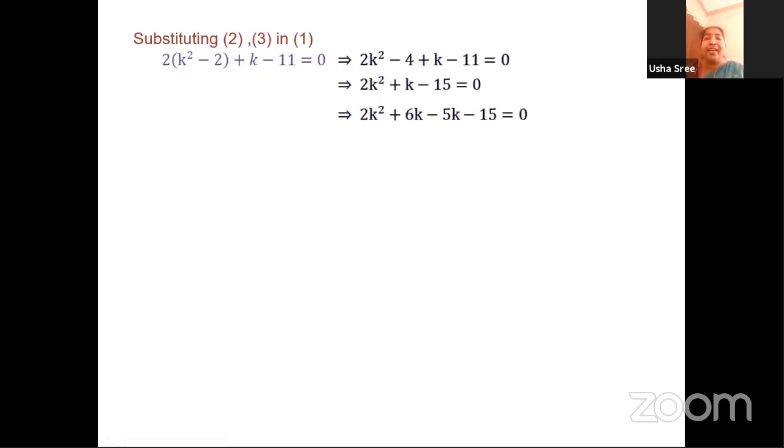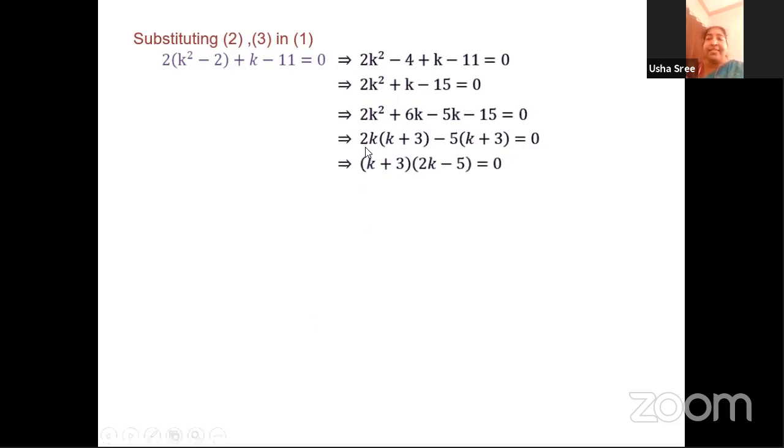Yes, isn't it? And it is in terms of k. So now we will try to factorize this by splitting the middle term as +6k and −5k. 2k² + 6k − 5k − 15 = 0. From the first two terms, let us take 2k common.